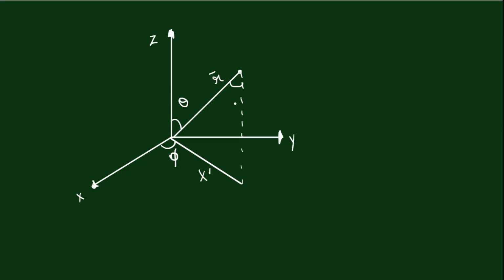Now if you apply a little bit of geometry, if this angle is theta, then this angle will also be theta, and sine of this angle will be sine theta, which is opposite upon hypotenuse, which is equal to x prime by r.